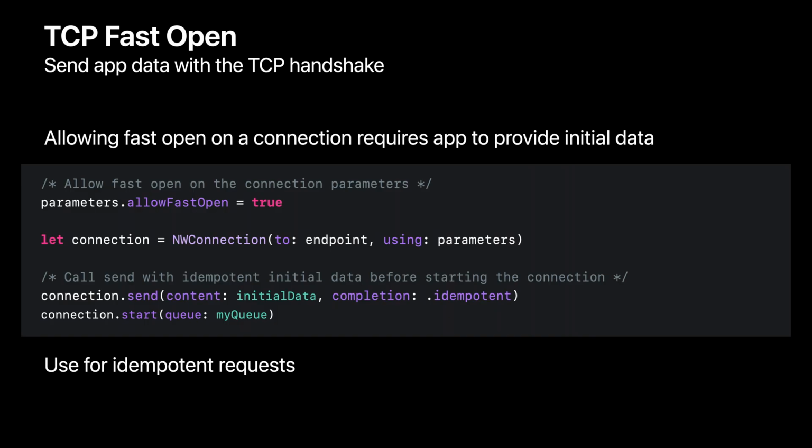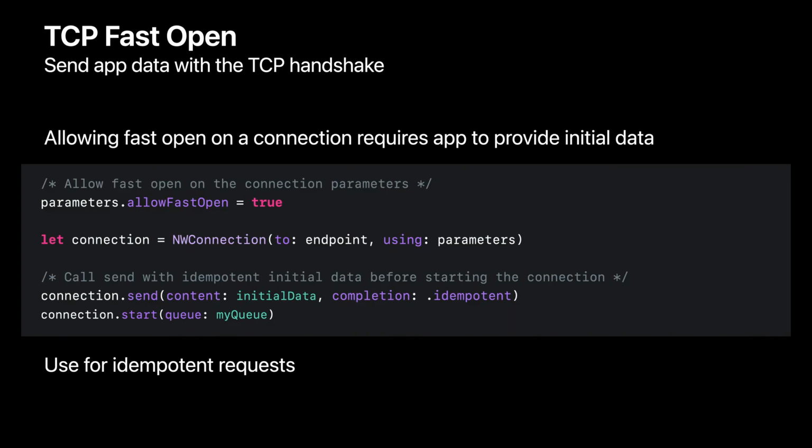When using TCP, you can eliminate an entire round trip by sending the app data along with the TCP handshake. TCP Fast Open is supported in Network Framework and sockets. To use it with NW connections, there are two options.